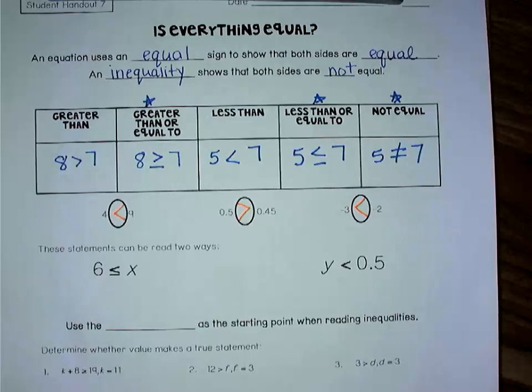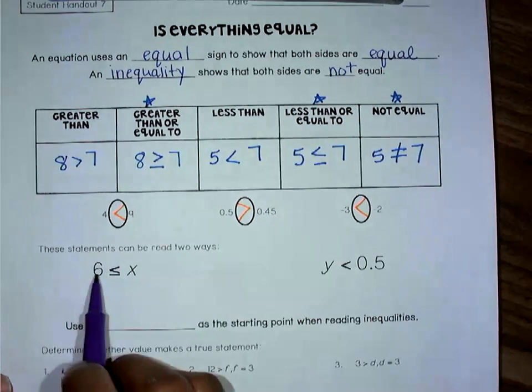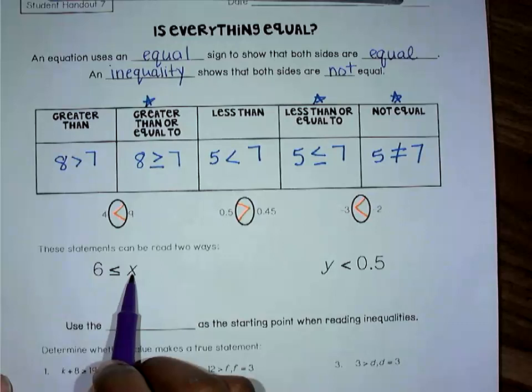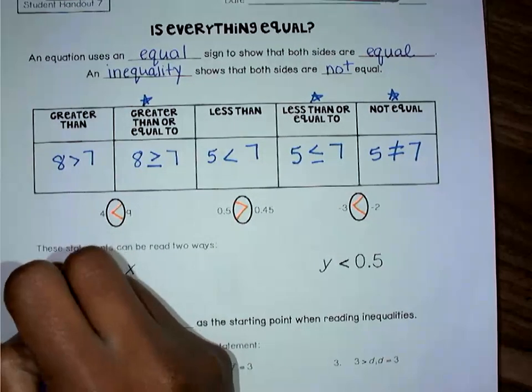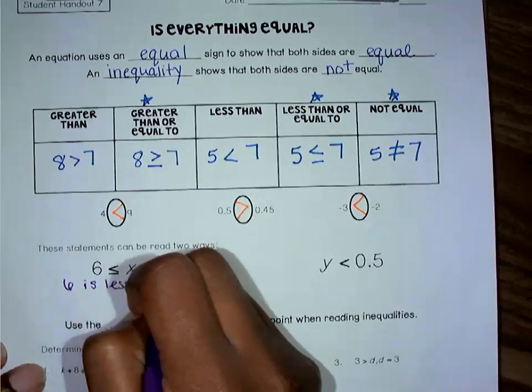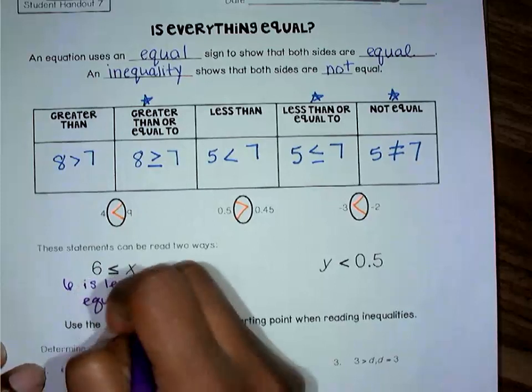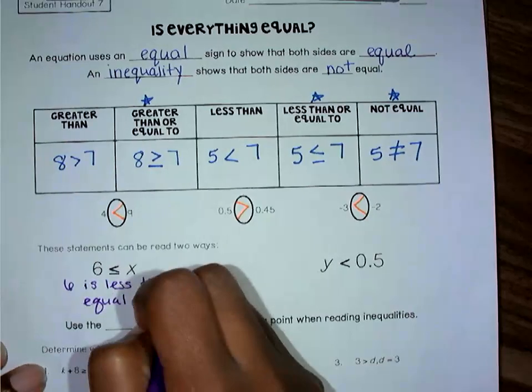Now it says these statements can be read two ways. So it says, if we go back to look at that, 6 is less than or equal to x. So that means 6 is less than or equal to x.